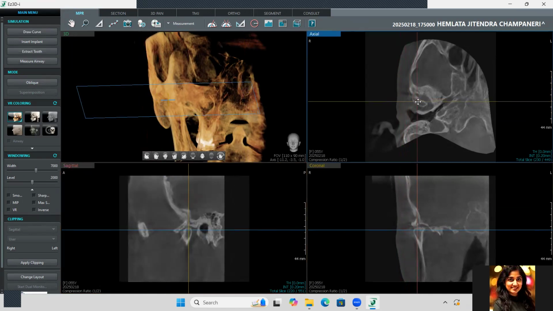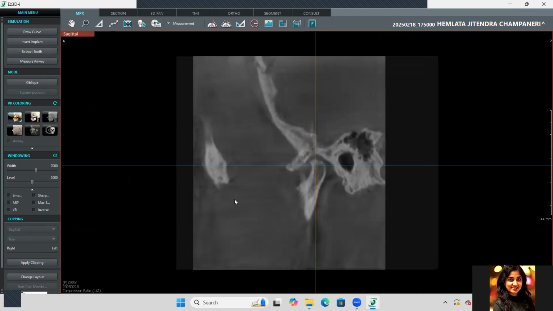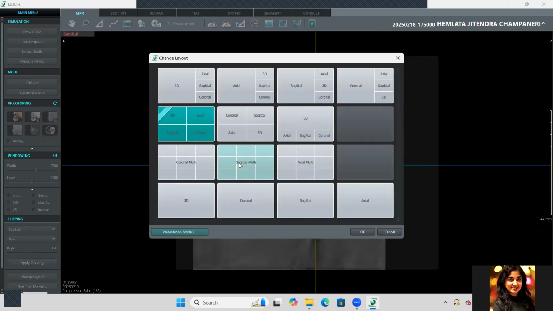This is the axial section. Mainly we understand the sagittal section, so I always elaborate it. We can see multiple sagittal sections by changing the layout, sagittal multi.